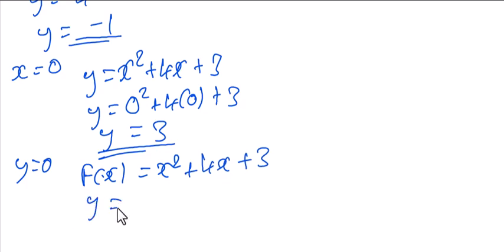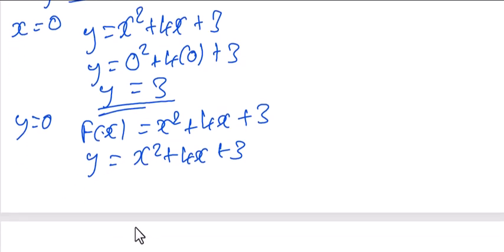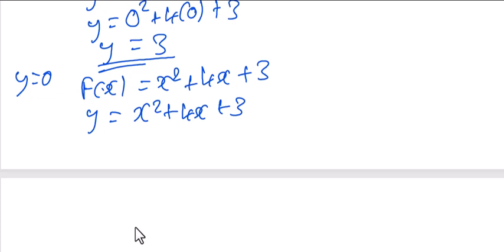Since this is equals to 0, we're going to have x squared plus 4x plus 3 is equals to 0.